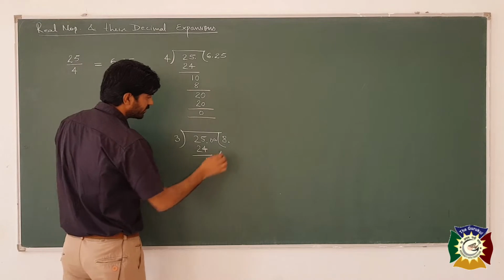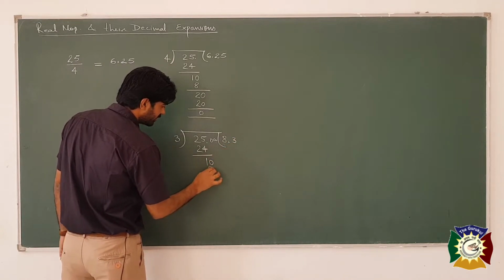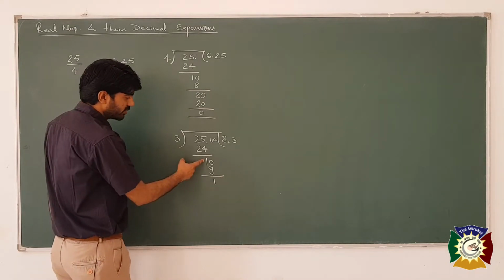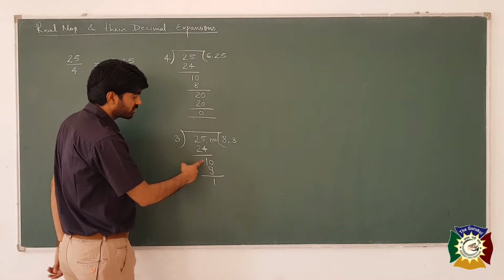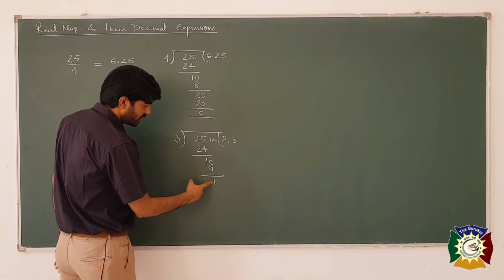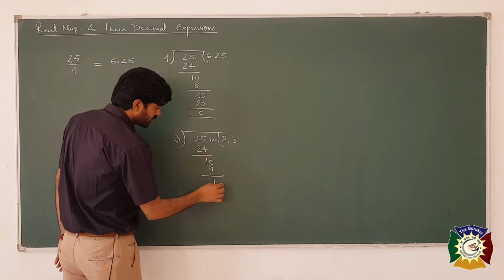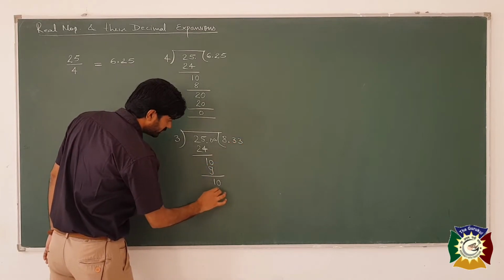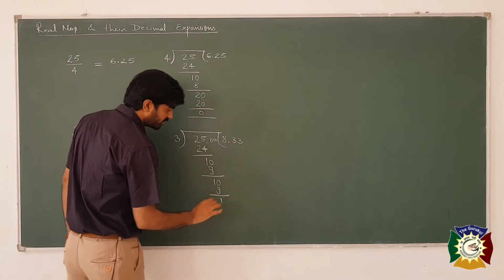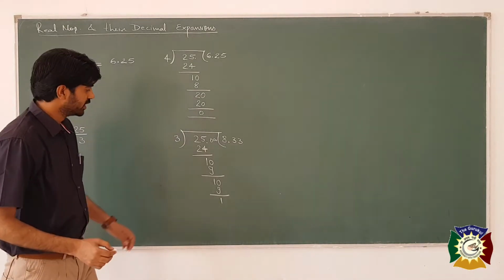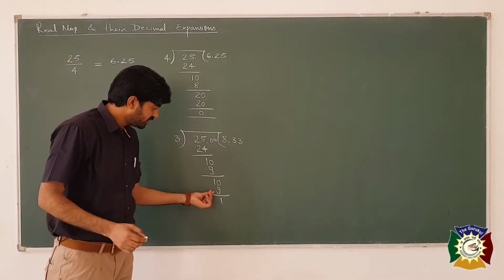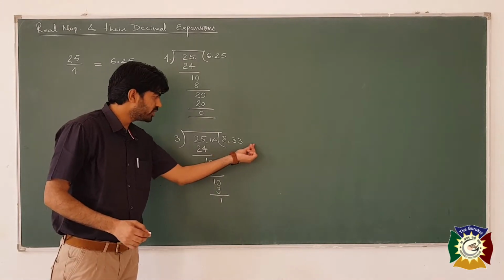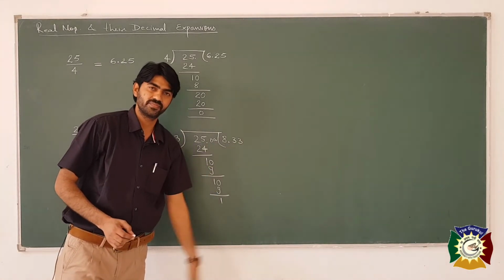Now 3 threes are 9, again we are having the remainder 1. Before this, in this step also we were having remainder 1. So again I will have a 0 here, again 3 threes are 9, again remainder 1. So in this way I will keep on getting the remainder 1 and 8.3333, many 3's will come.